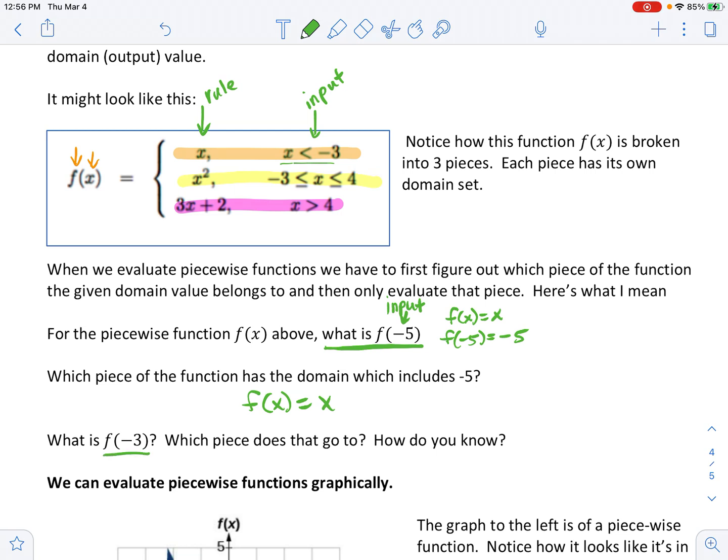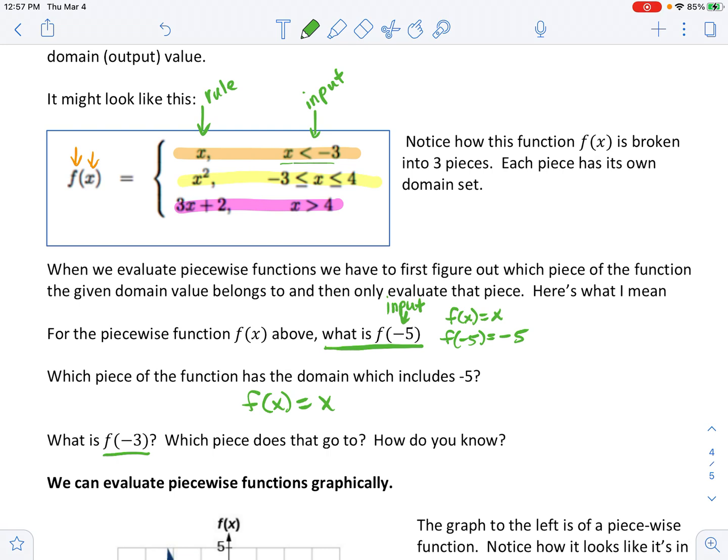What is f of -3? What piece does that go to, and how do you know? Does it go into the first one, or does it go into the second one? Well, this is where our knowledge of inequalities comes in handy. In the first piece of the function, x has to be less than -3, but in the second piece of the function, x is greater than or equal to -3.